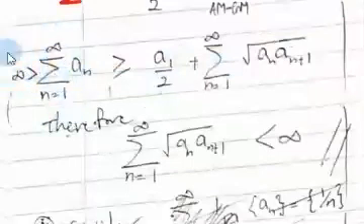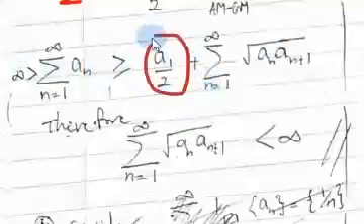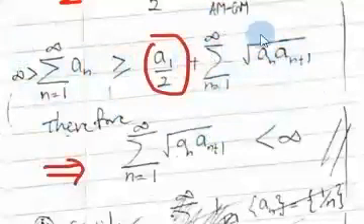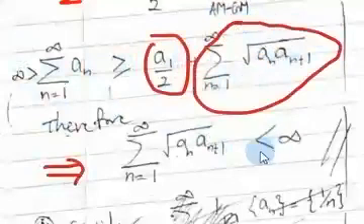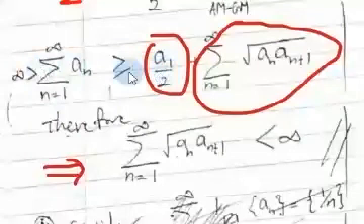This series is bigger than this one. That means this is a constant value, plus the infinite series of square root of a_n times a_n plus 1. So from here you can say that this series is also convergent because of this. This is called the comparison test, right?